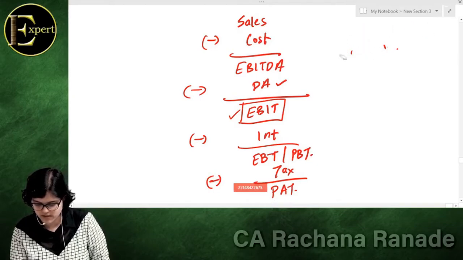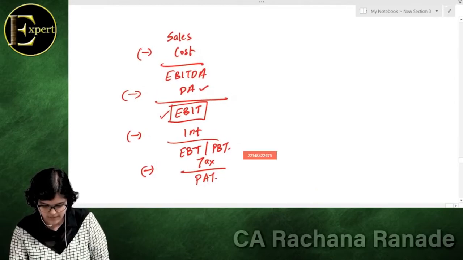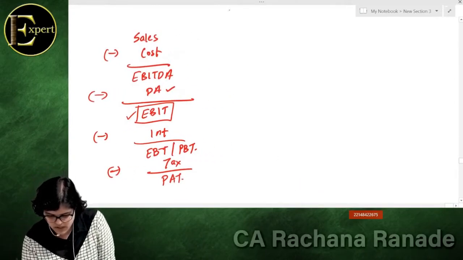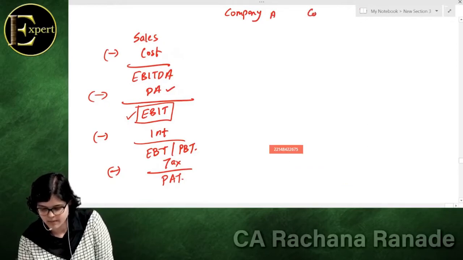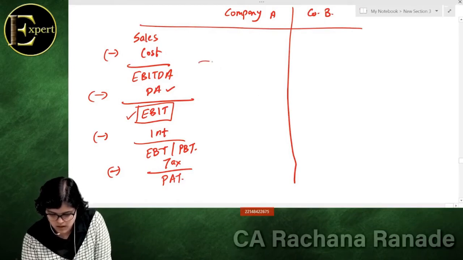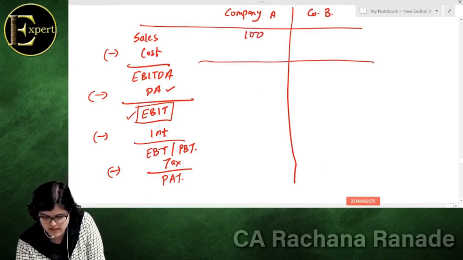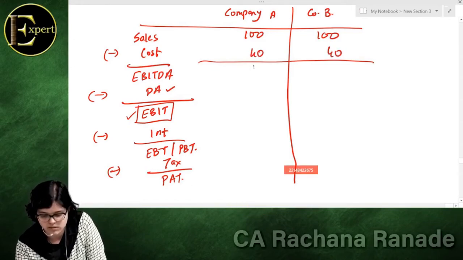Let us understand. If I were to compare two companies, company A and company B, let us assume this. Assume that both have sales of 100, and both have cost of 40. For both, EBITDA will be 60.